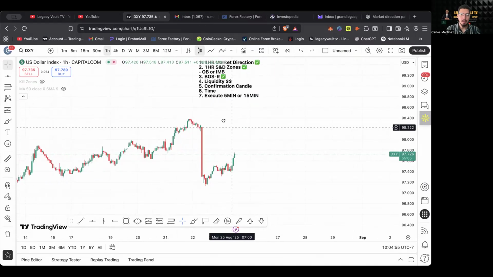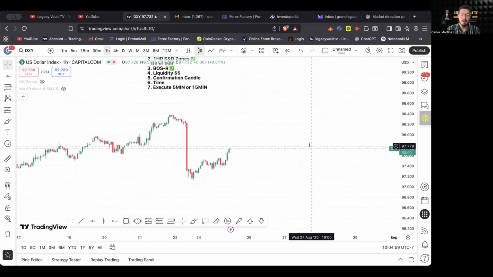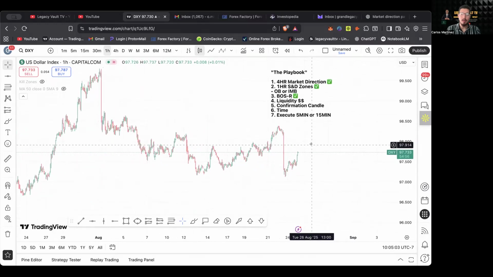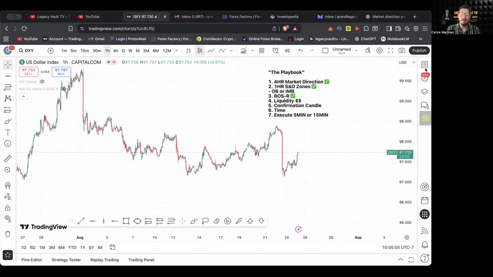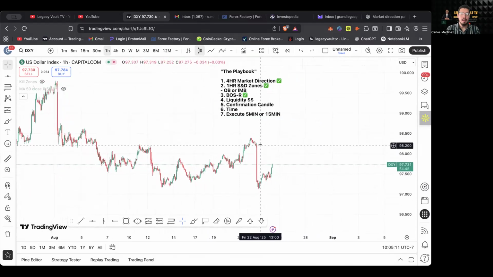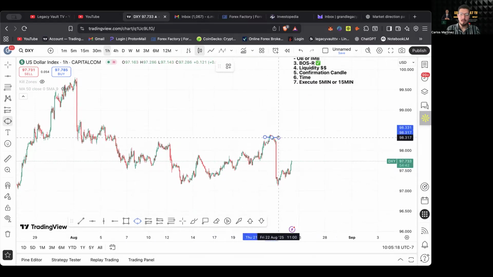Now here, looking at the US dollar index, we see that the dollar is on a downtrend. Now we see here a lower low.